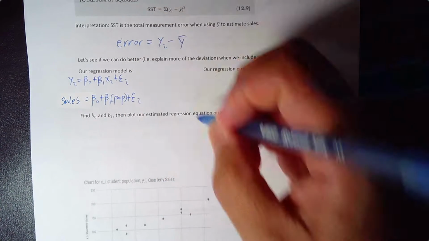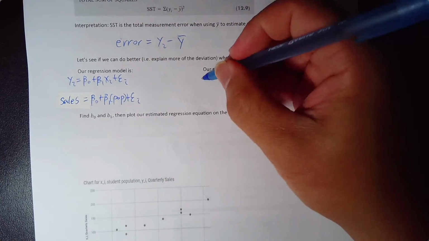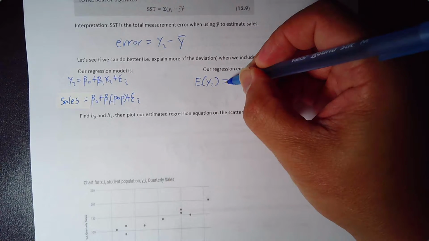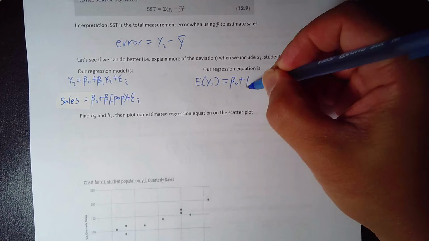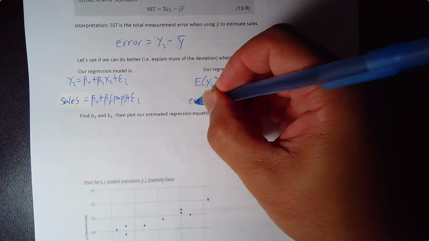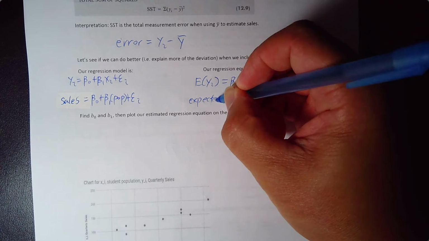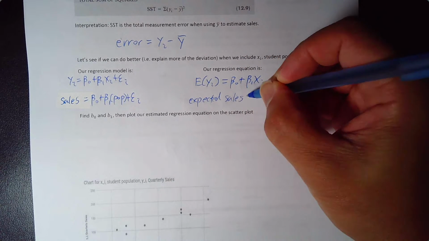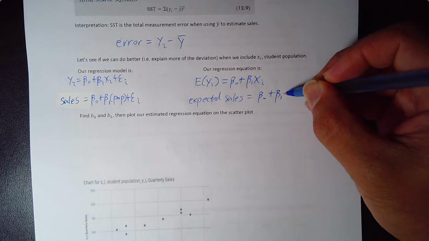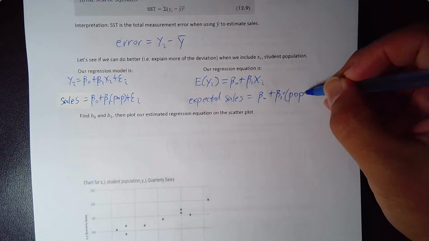Now our estimated regression equation is the expected value of yi, so the expected sales equals beta naught plus beta 1 times the given student population.